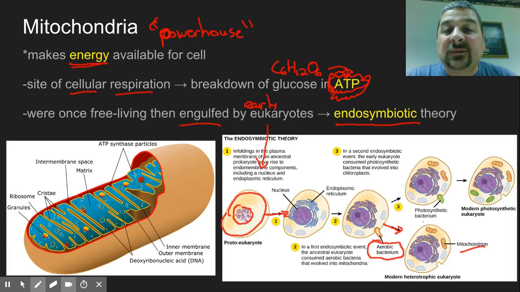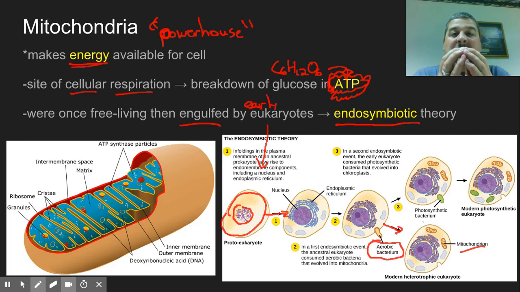We have some evidence for this. Mitochondria has its own DNA that can be passed through maternal lines, from mother to offspring in every generation. Mitochondria replicate themselves, make some of their own proteins, and they have a double membrane.